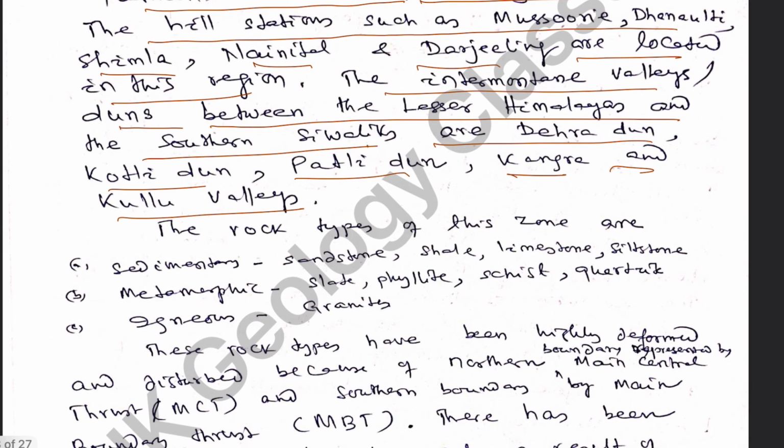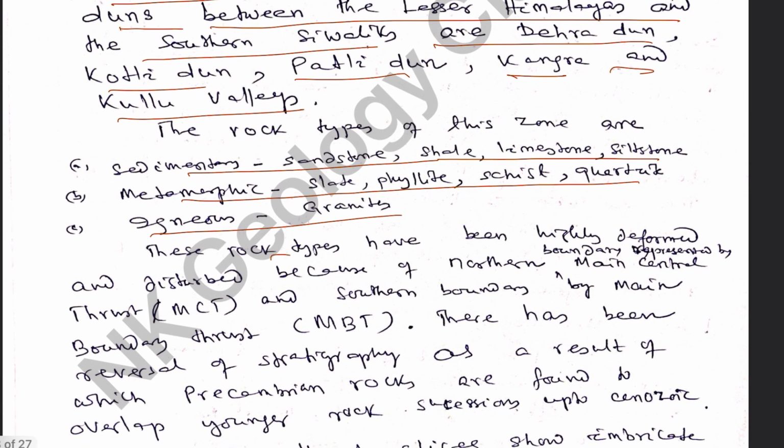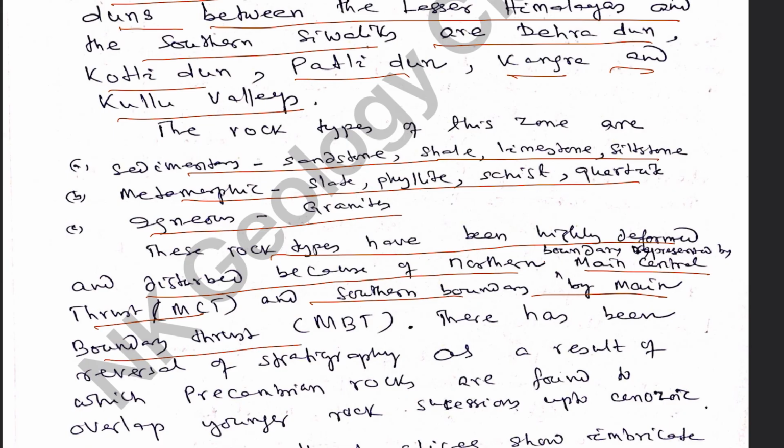The rock types of this zone are sedimentary sandstone, shale, limestone, siltstone, metamorphic slate, phyllite, schist, quartzites, and igneous granites. These rock types have been highly deformed and disturbed because of two faulted zones: on the north there is the MCT, main central thrust, and on the south there is the MBT, main boundary thrust.